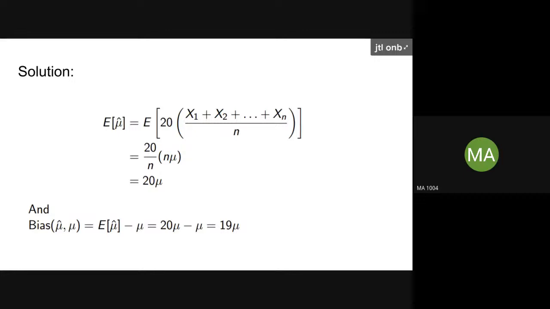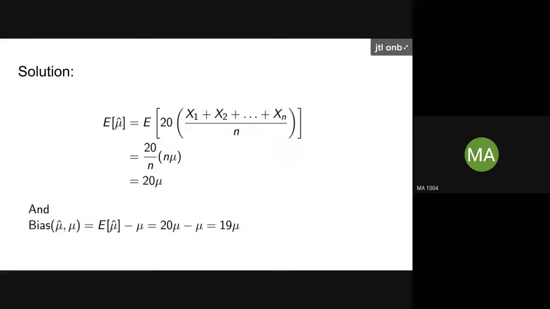Now using the linearity of expectation and pulling constants out, 20 will come out, and n is also a constant, so you can pull it out. Now it will be the expectation of x1 plus the expectation of x2 plus the expectation of x3 and so on, up to the expectation of xn.